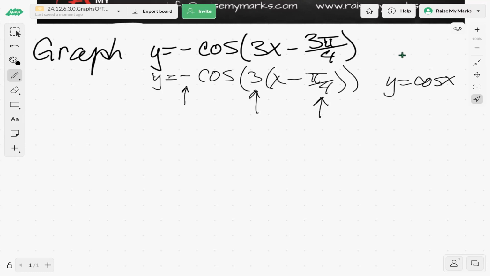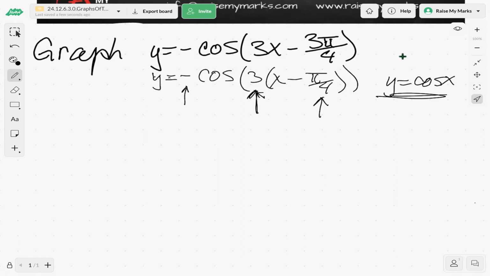It reflects our parent function y equals cos x vertically in the x-axis. The 3, what does it do? It creates a horizontal compression by a factor of 3. And the pi over 4, what does it do? It's a translation to the right pi over 4 units.